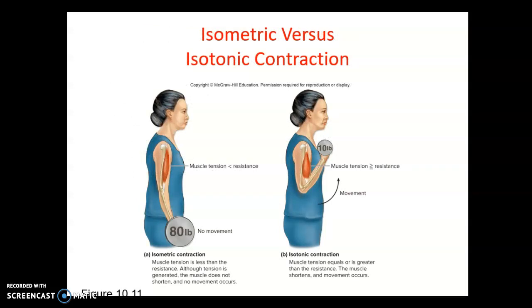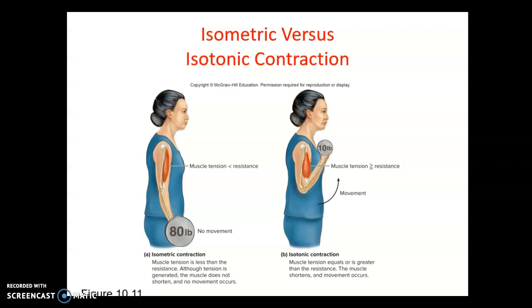So, isometric versus isotonic. Here's isometric, no movement, with muscle tension and resistance up here. And then muscle tension and resistance have moved here. This is the bicep, and this bicep is contracting and the movement is going upward. In isometric contraction, muscle tension is less than the resistance.